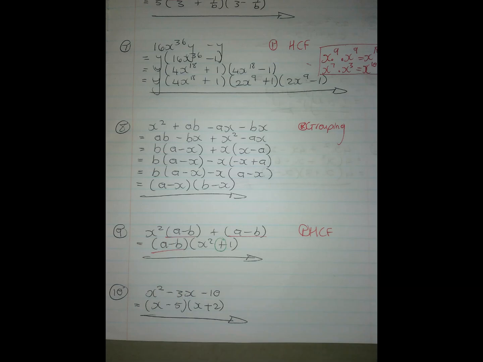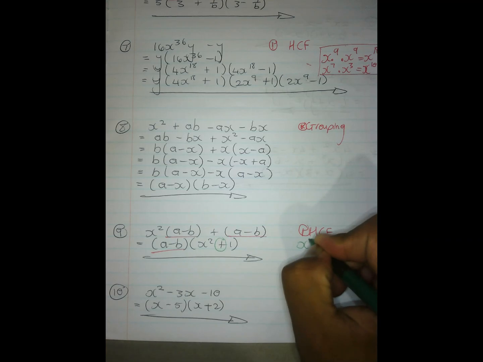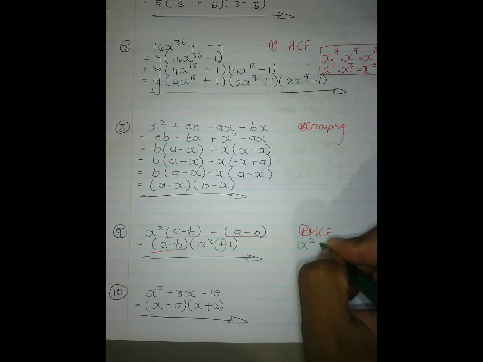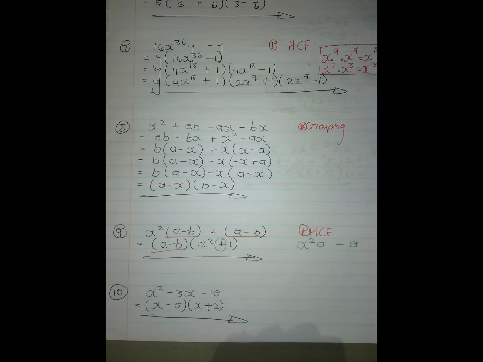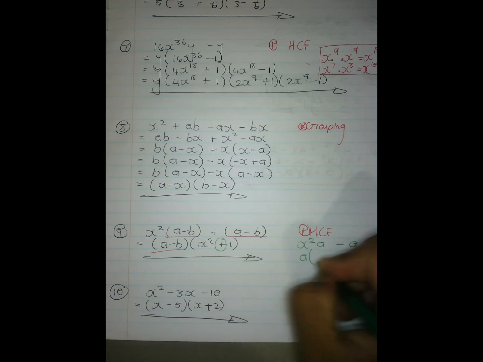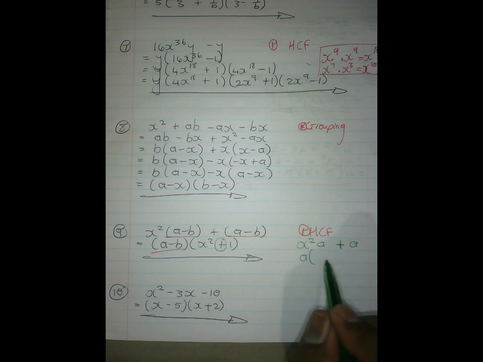So this just looks tricky because there's a bracket. But what this equation is actually saying is x squared a minus a. That's all it's saying. Oh, it's actually plus. Yeah, it's plus. X squared a plus a. Highest common factor is still a because there isn't an x in the second term. Highest common factor is a.